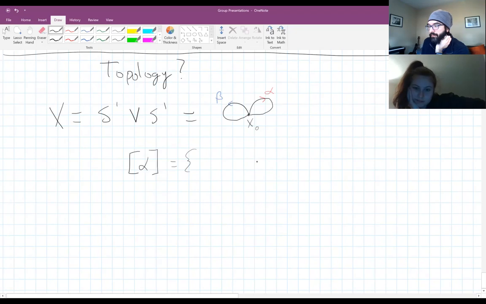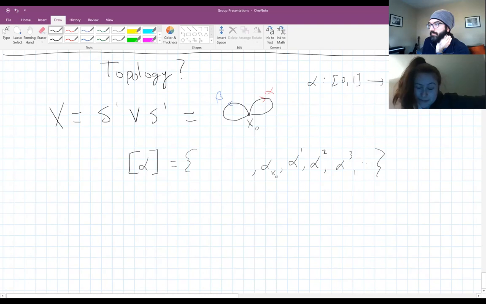I'm going to have the constant loop at x0, and I'm going to have alpha, which is alpha 1. Then alpha twice, where I travel along the loop and travel along it again, and then alpha cubed. Or I can go backwards along this loop. So it's like the integers.